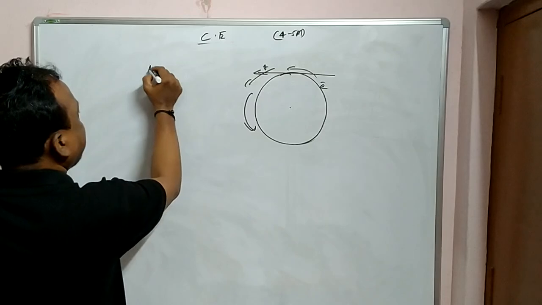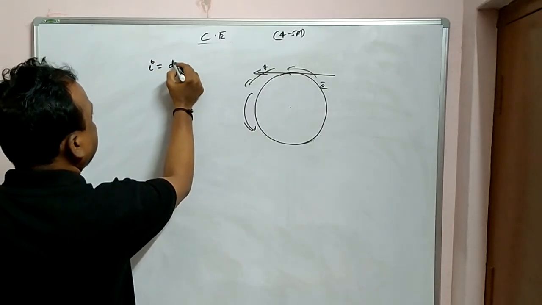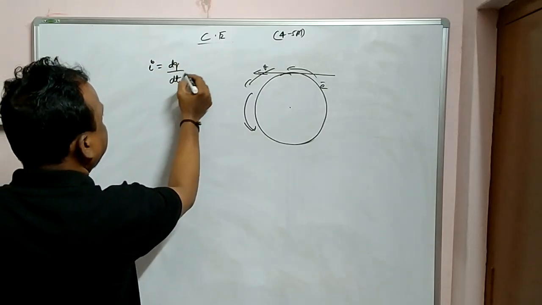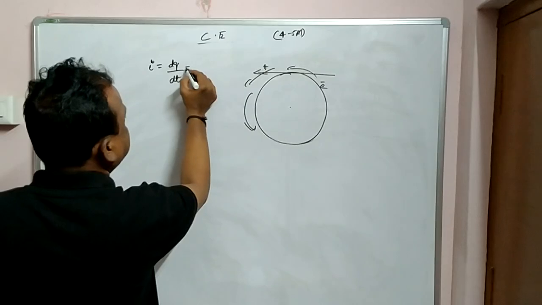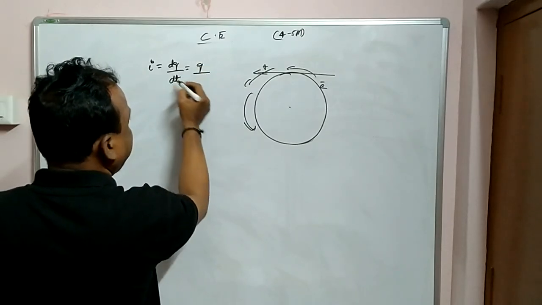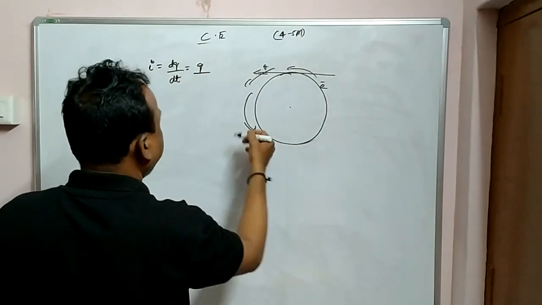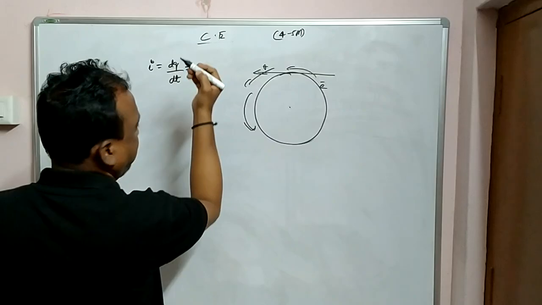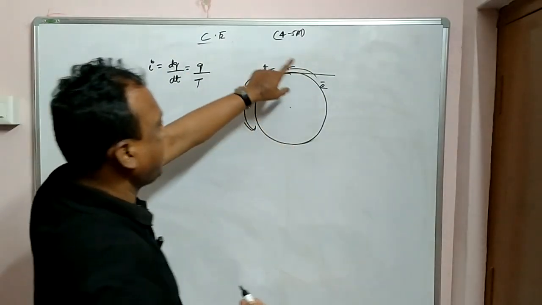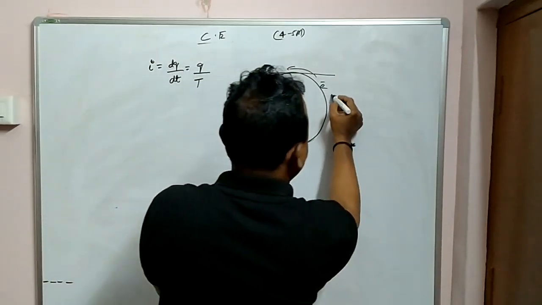See, already we know I is equal to what? dq by dt. dq means charge. dt means the time taken for one complete revolution, which I can write as capital T, the time period.